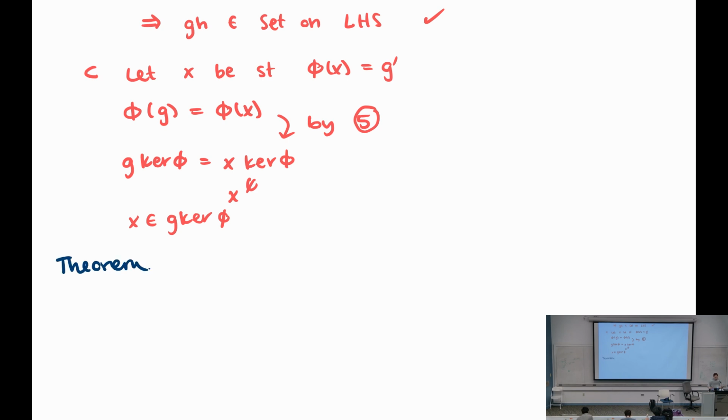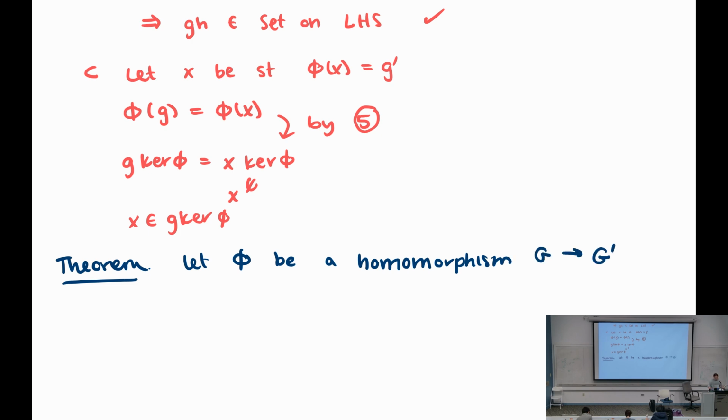So for this, we'll let phi be a homomorphism from G to G prime. And let's let H be a subgroup of G. Okay, then we have the following.